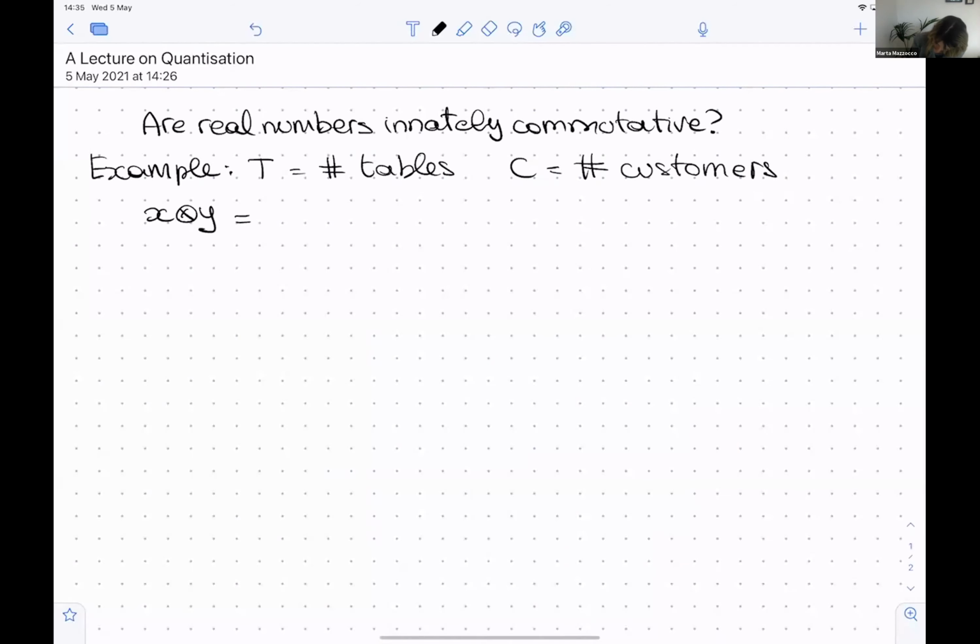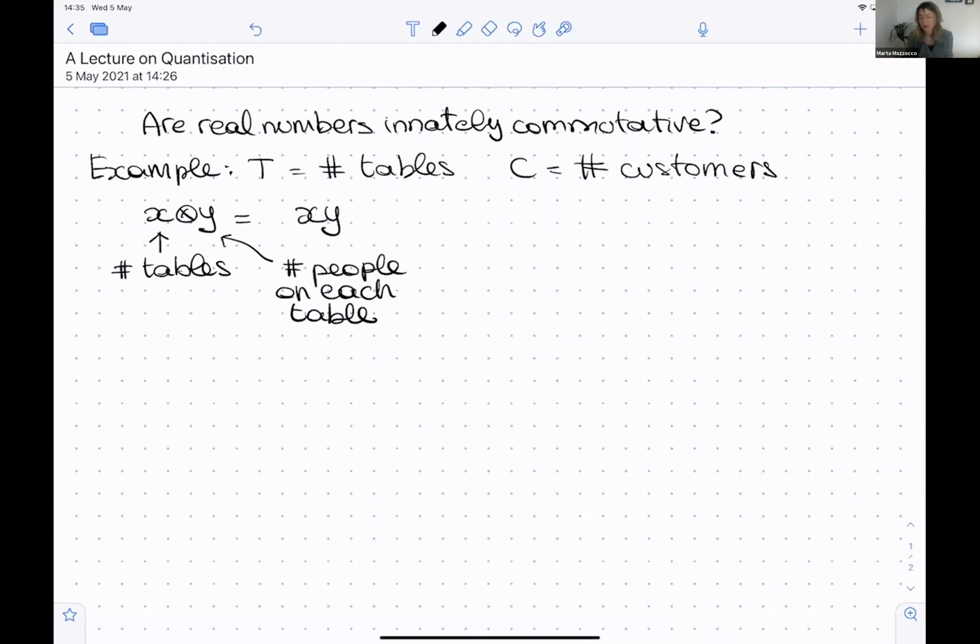So if x denotes the number of tables that are occupied, and y denotes the number of people on each table, then, of course, the total number of customers that I will have in my restaurant will be x times y.